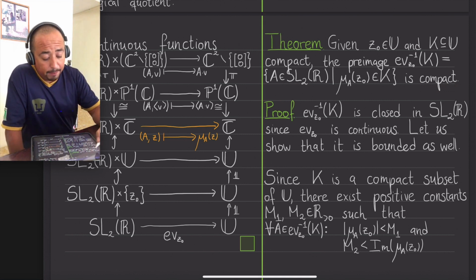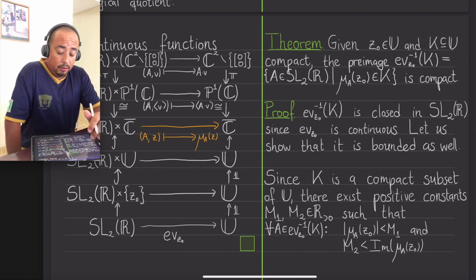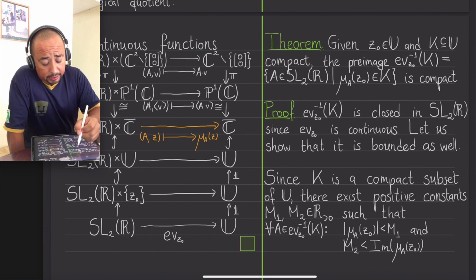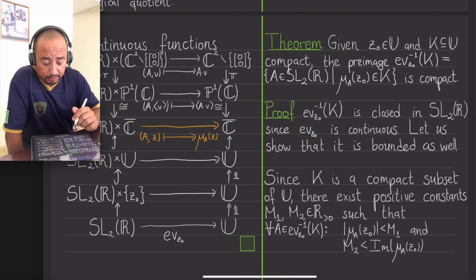I mean, it's a compact subset of SL2R. Okay, so first of all, it is closed. Well, yes, because the evaluation is continuous. That's what we just proved in the previous lemma.